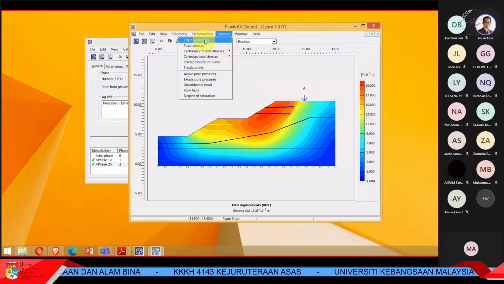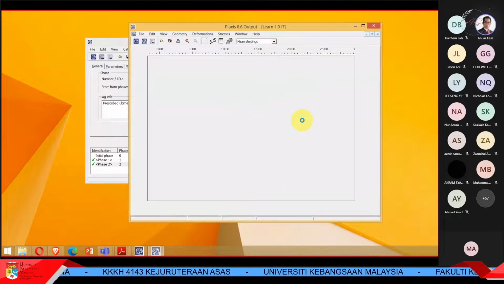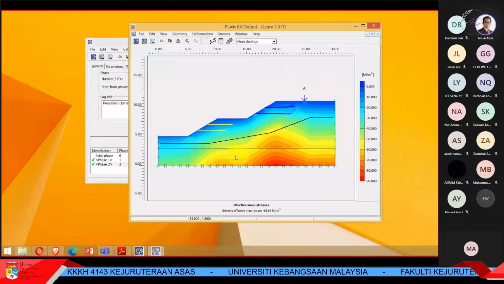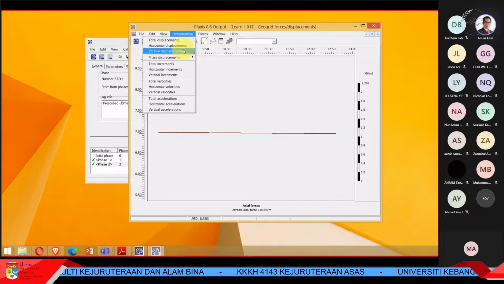We can go to the effective stress and maybe we look at the mean shading, so we can see. And let's say we can click at the geogrid, see what happened there. Let's say we want to see the axial force, not much deformation.